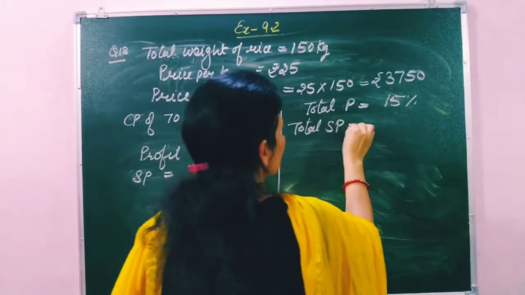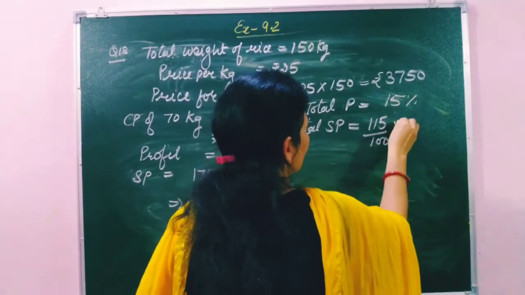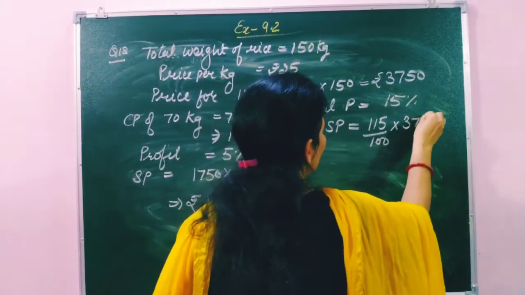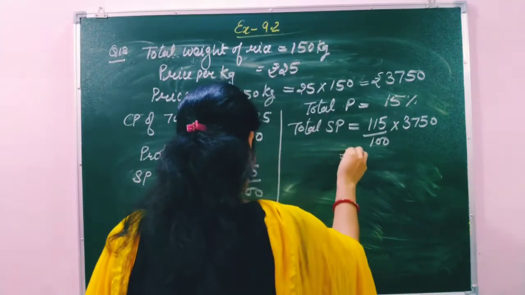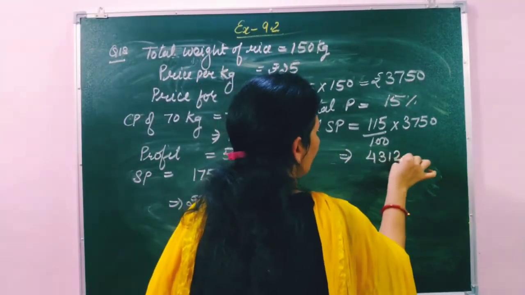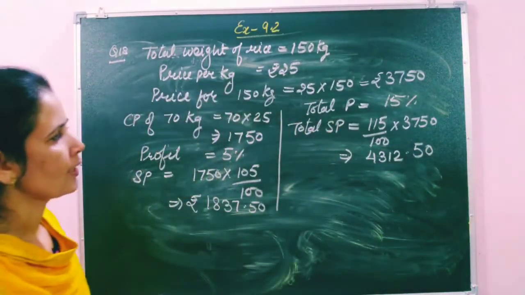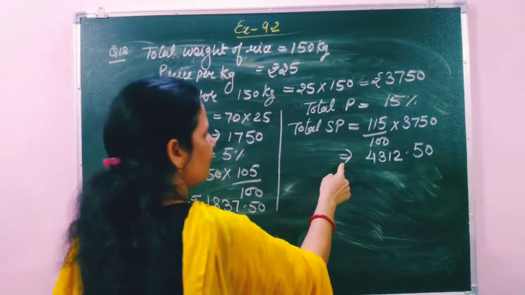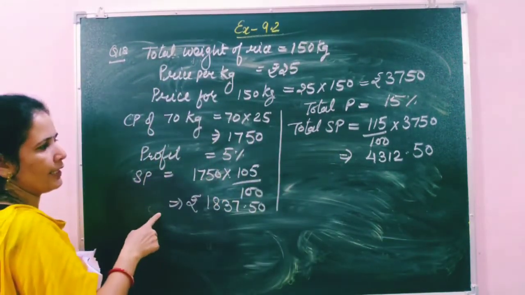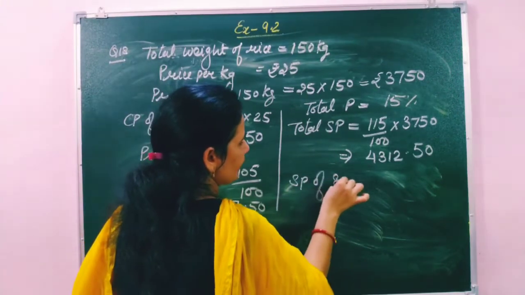To find the total SP, 100 plus profit divided by 100 and multiplied by 3,750, our total CP. When we solve this, we get 4,312.50. Okay. Now we have total SP and SP of 70 kg.